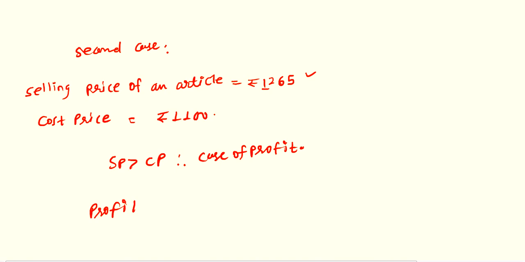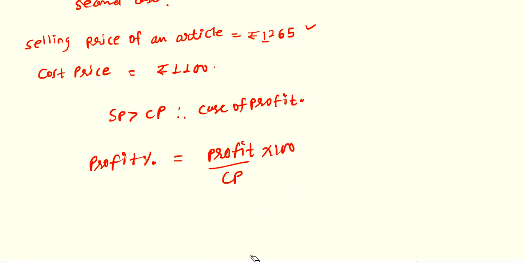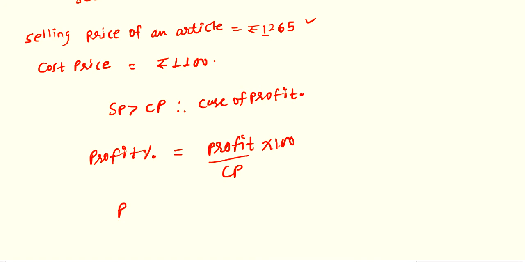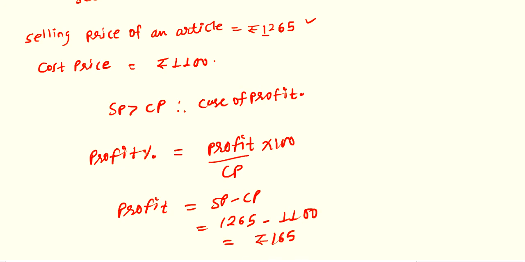As you know, profit percent equals profit upon CP into 100. Now profit we have to calculate. So profit equals SP minus CP. So SP is 1265 minus CP is 1100. So from there we are getting profit 165.